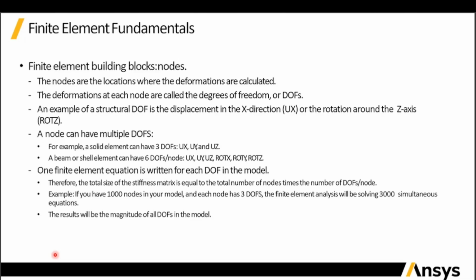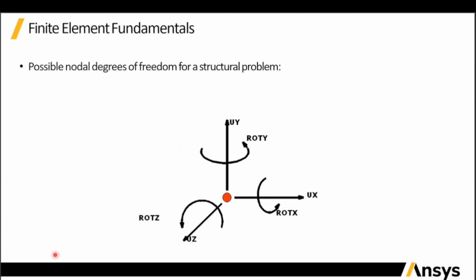So, let us say you have 1000 nodes in your model and each node has 3 degrees of freedom. The FEA will be solving 1000 into 3, that is 3000 simultaneous equations. The results will be the magnitude of all degrees of freedom in the model.